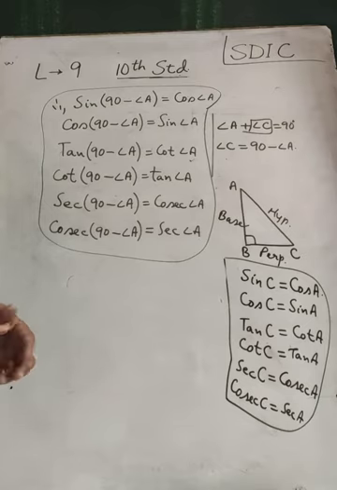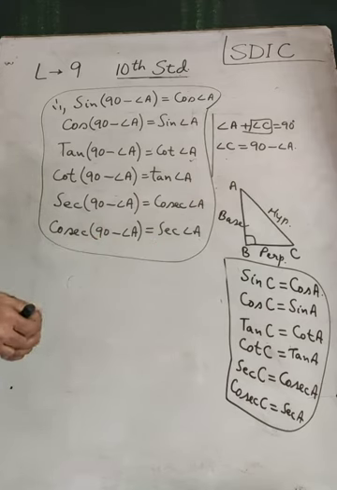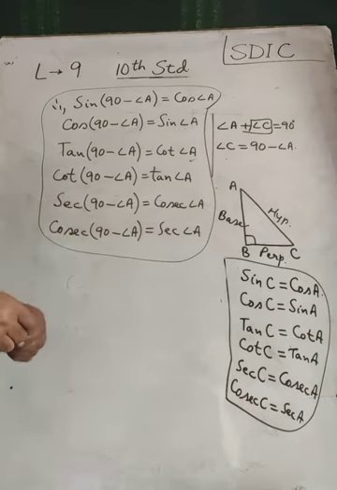What is that theta? It is an acute angle. It can have any measure, 10 degree, 20 degree, 30 degree, 40 degree. Any measurement it can have. Previously we had trigonometric ratios of specific angles. We have only 30 degree, 45 degree, 60 degree, derived their values.